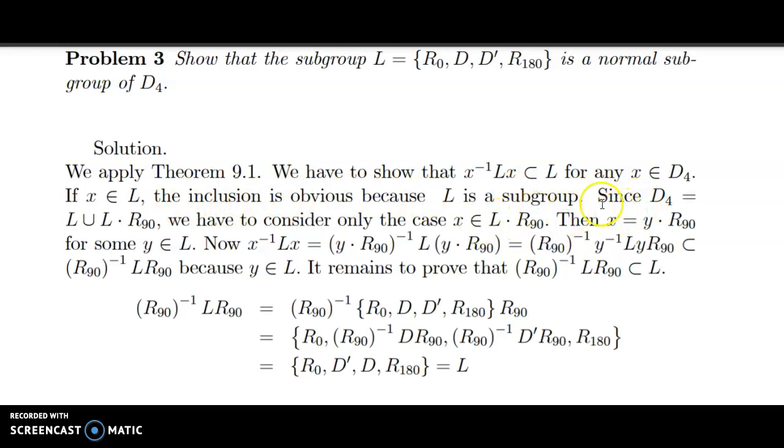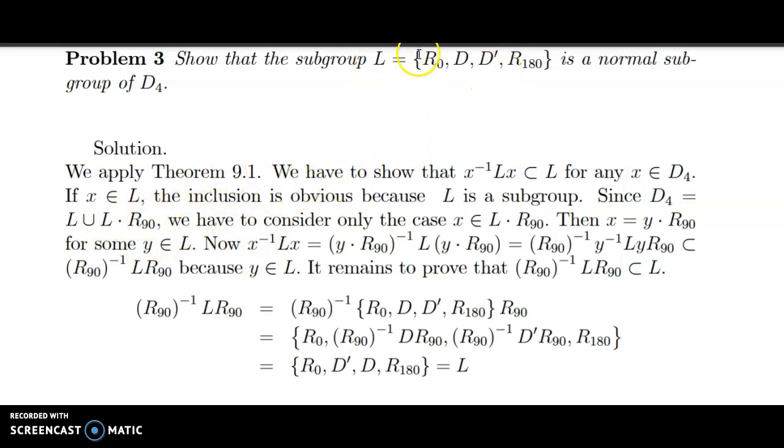So, we have to consider the other elements. Since D4 is the union of these two right cosets, L and L times R90, you can check.